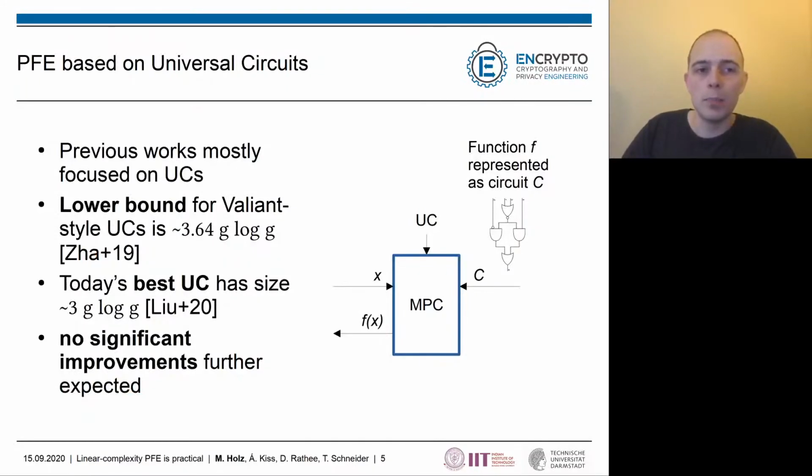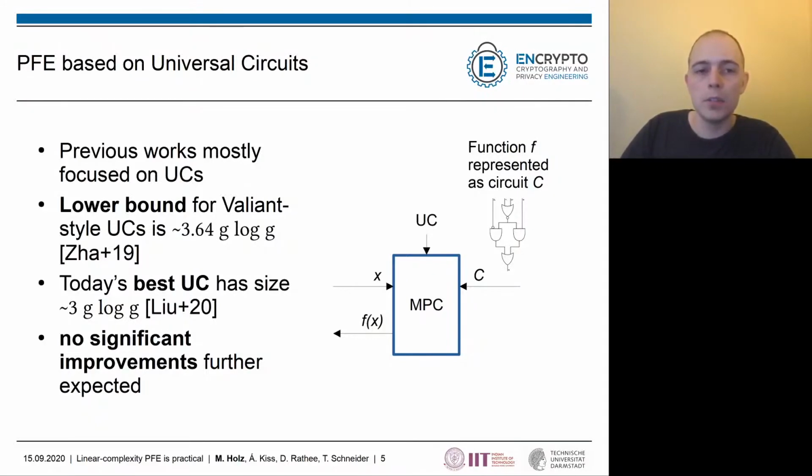So how does private function evaluation based on universal circuits work? On the right side here, we have two parties taking part in a standard multi-party computation protocol. These two parties first agree on a publicly known universal circuit, and party P1 inputs their private input x, and the other party has some private function f, which is represented by a circuit C, and this circuit is then used as an input to the multi-party computation protocol.